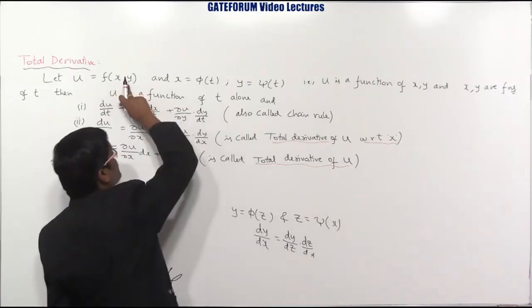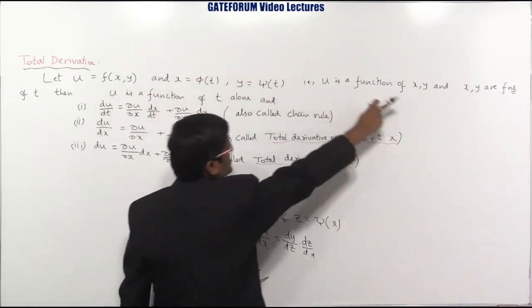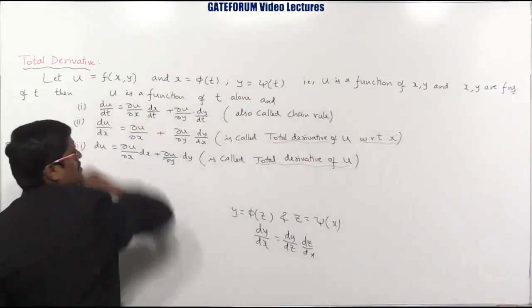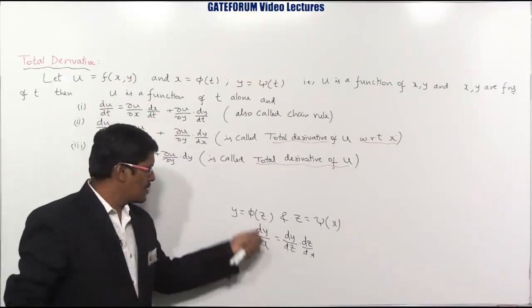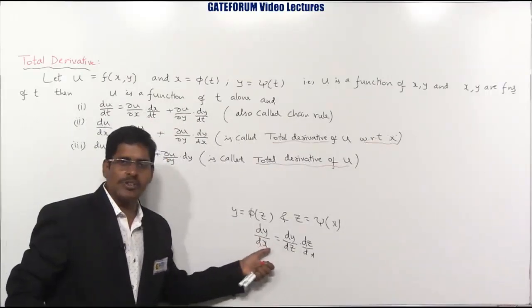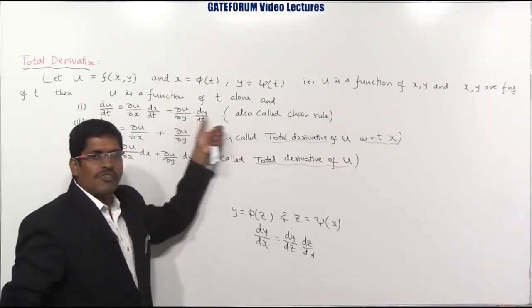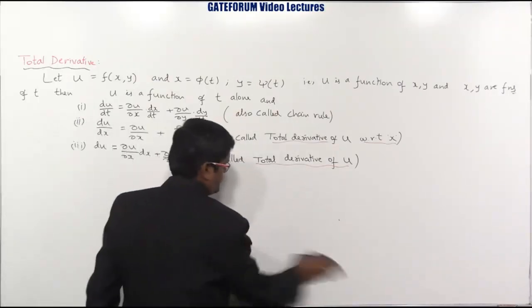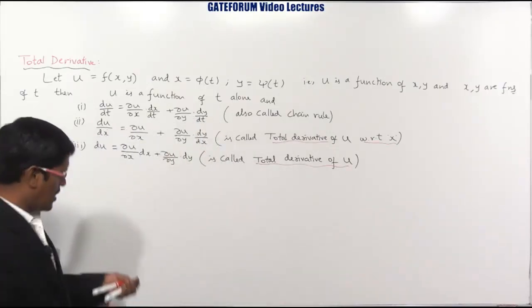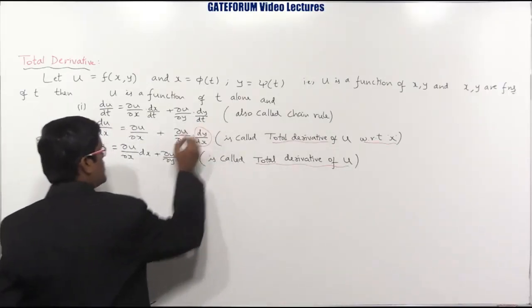But here u is a function of two variables, and these two variables are functions of a single variable, that is t. That is why partial derivatives as well as ordinary derivatives take place. But that rule is the chain rule from ordinary derivatives, 11th class. This is the chain rule from partial derivatives. Okay. So in the second formula, this is to be taken care of.